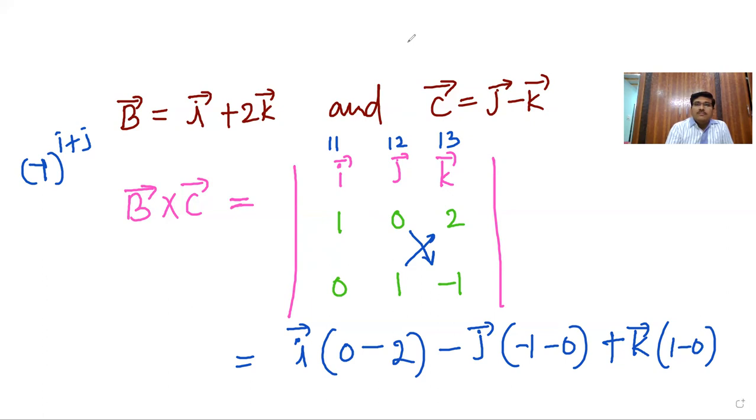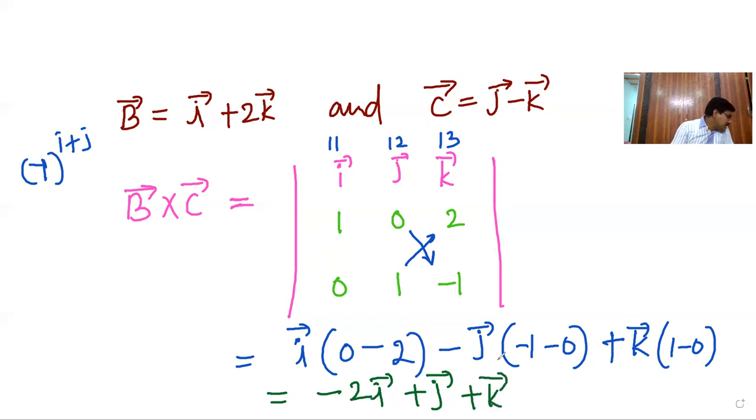Now, on simplification, minus 2i bar, plus j bar, plus k bar is the cross product. B cross C, we got it.